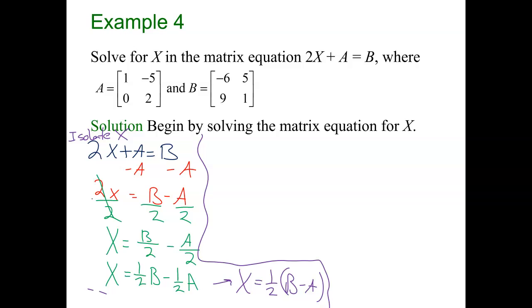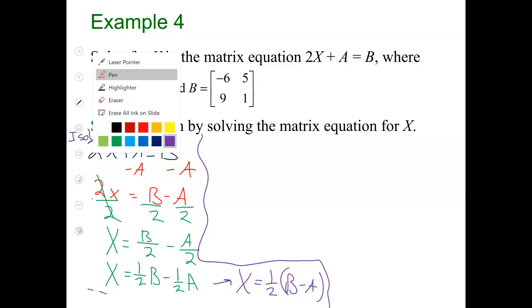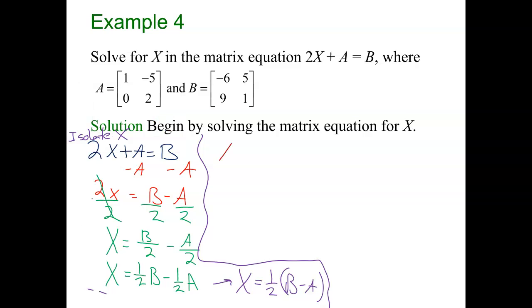So, let's sub in now. What color do I want to use? Use dark red. All right, so x is 1/2 times 1, -5, 0, and 2. That's matrix B. Minus -6, 5, 9, and 1. That's matrix A. So we're going to go ahead and do our matrix subtraction.